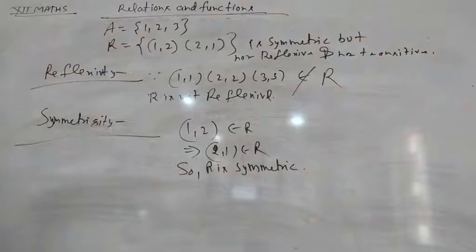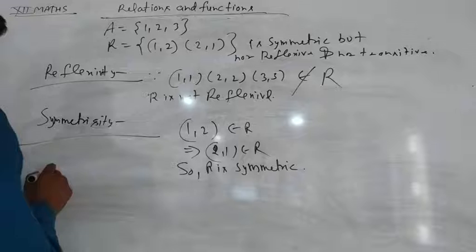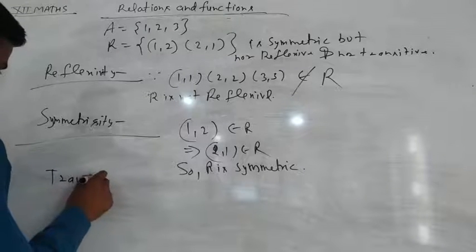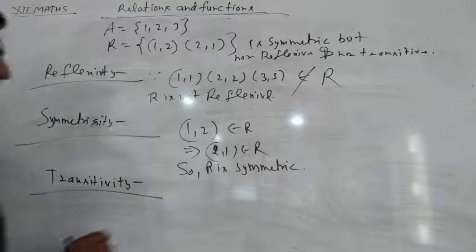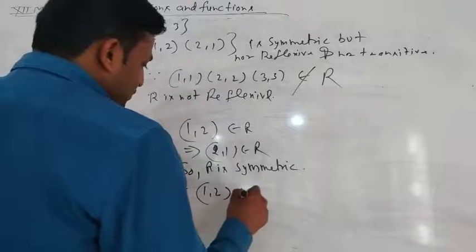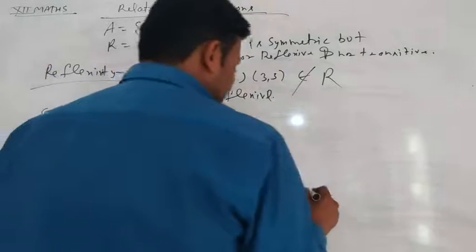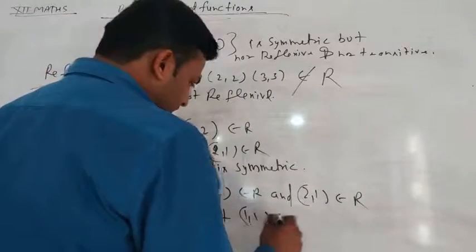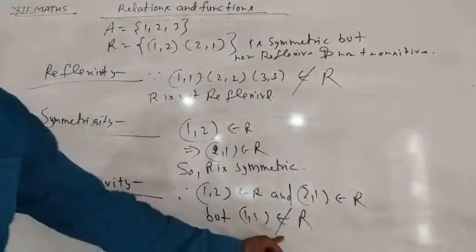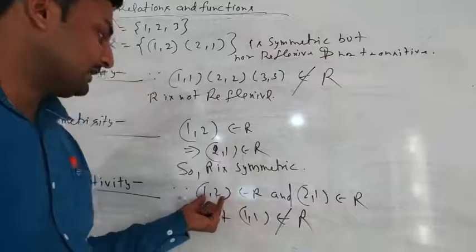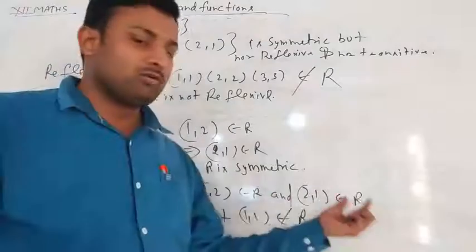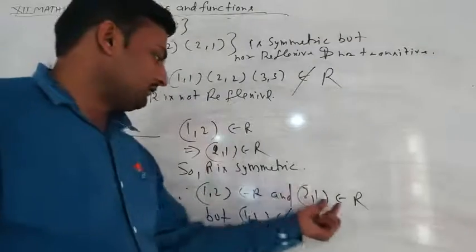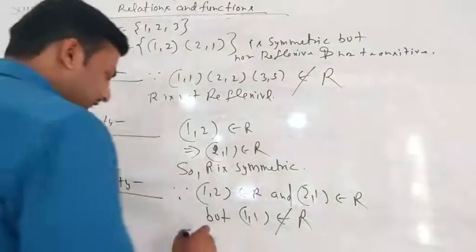Okay students, now for transitivity, we are saying that since (1, 2) belongs to R and (2, 1) belongs to R, but (1, 1) does not belong to R. We see from here that there are two ordered pairs, (1, 2) and (2, 1), belonging to R, but (1, 1) does not belong to R.